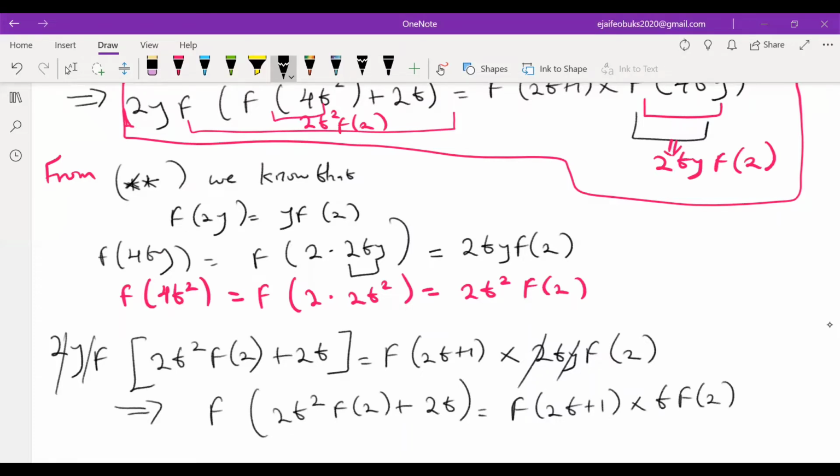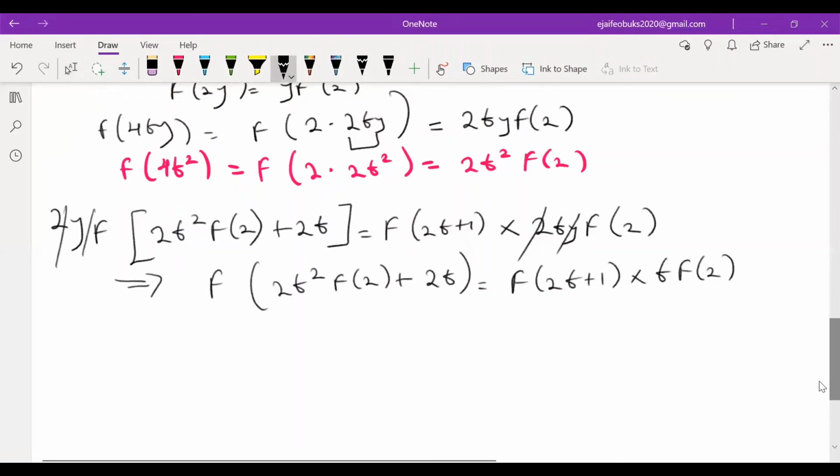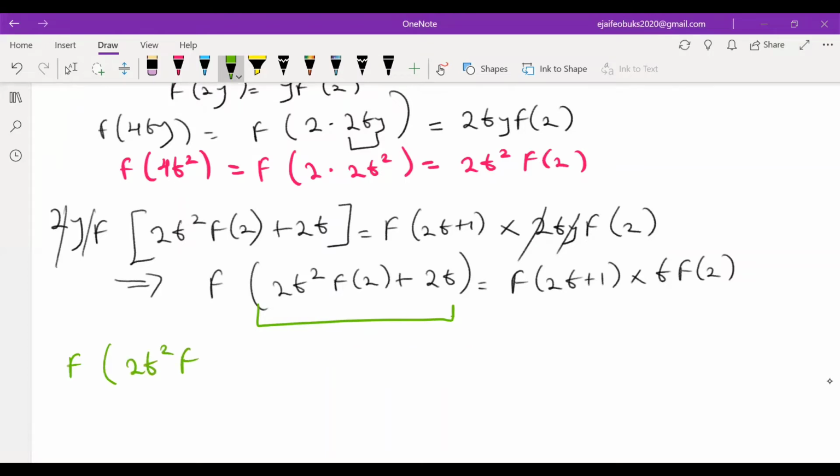But I can still simplify further, because if you look at this inner f bracket, it's still looking even. So this f of 2t squared f of 2 plus 2t, I can rewrite as f, bringing the 2 out.